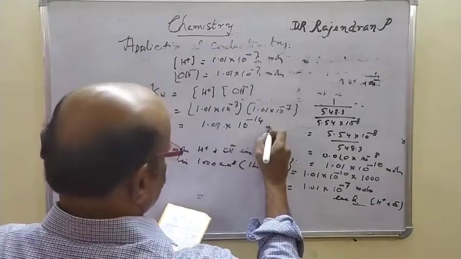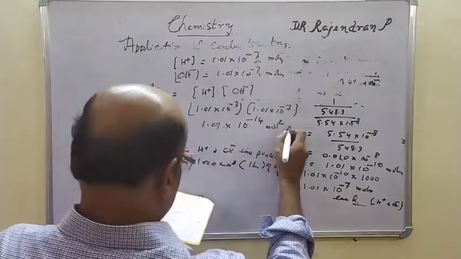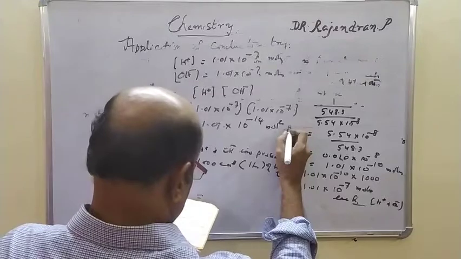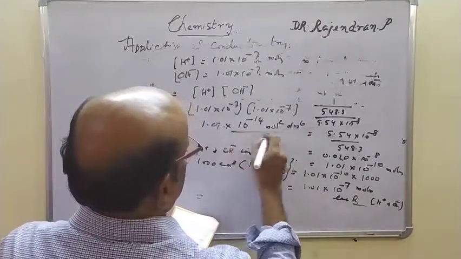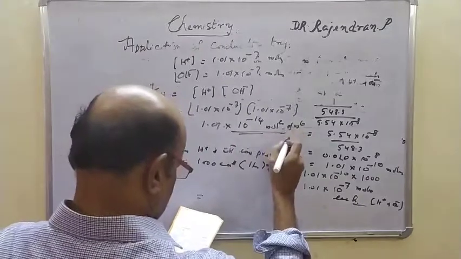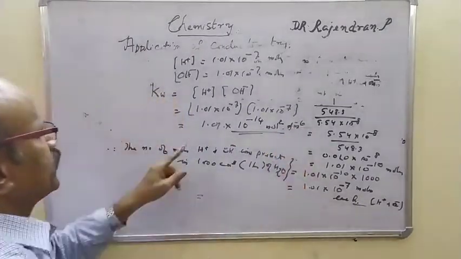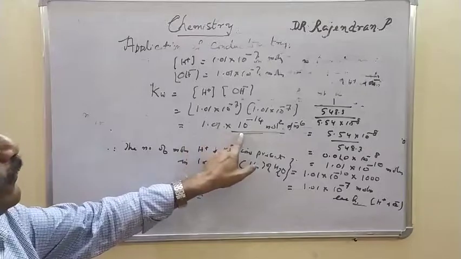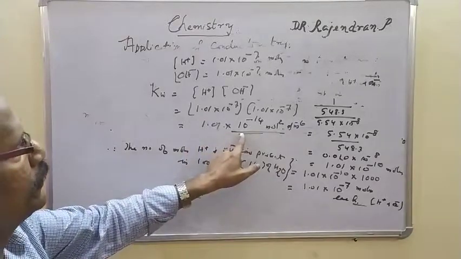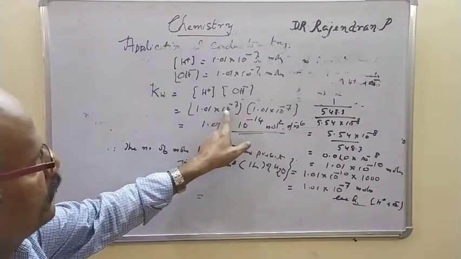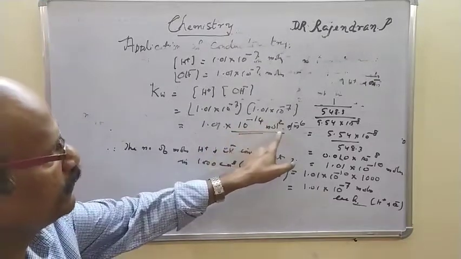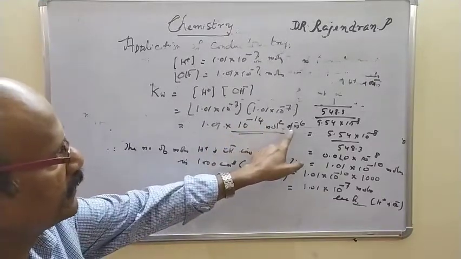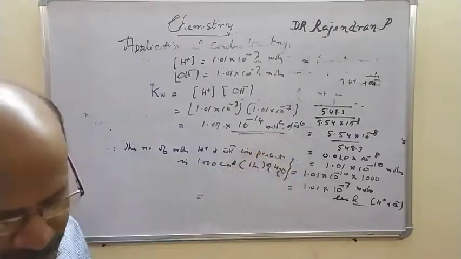The unit is mole square dm raised to minus 6. So the Kw of water is found to be 1.01 into 10 raised to minus 14 mole square per liter square, or mole square dm raised to minus 6.